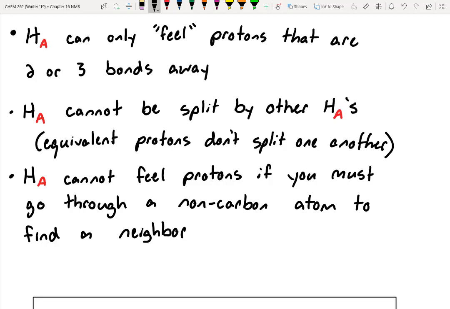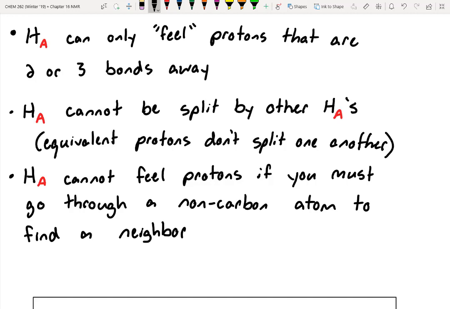What I mean by that is, if you're doing that 2 or 3 bond search to find a neighbor and there's an oxygen that you have to travel through to find that neighbor, you can't do that. We're really not going to get into the whys behind that. That has a lot to do with pretty advanced physics that, to be perfectly honest, I'm not even comfortable explaining.